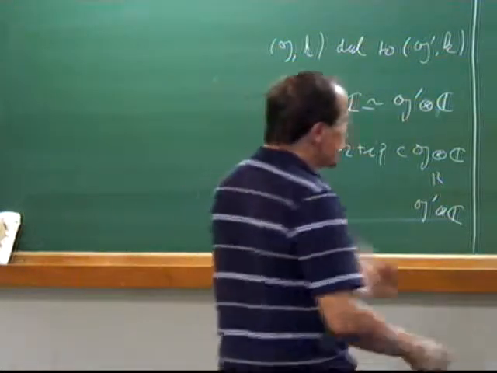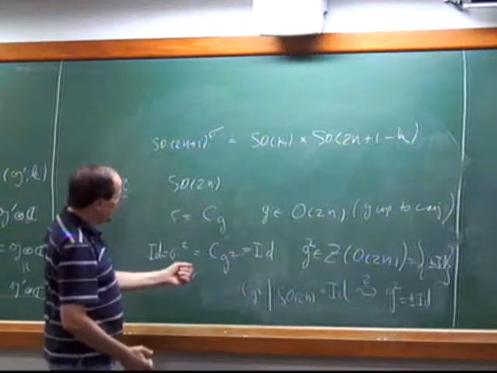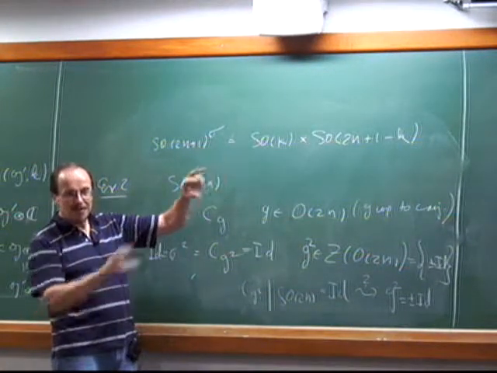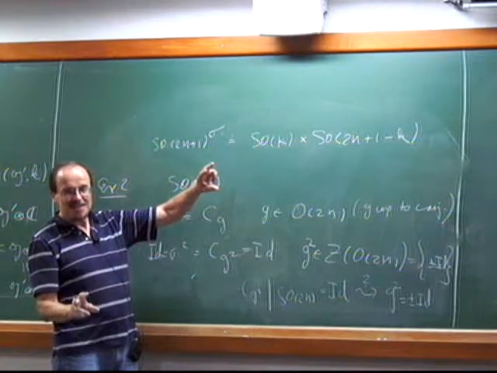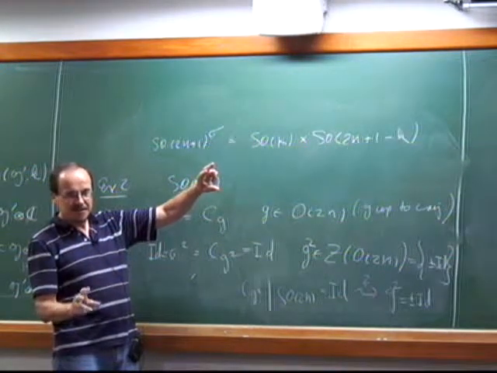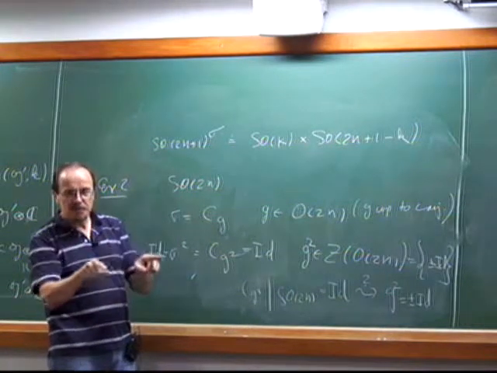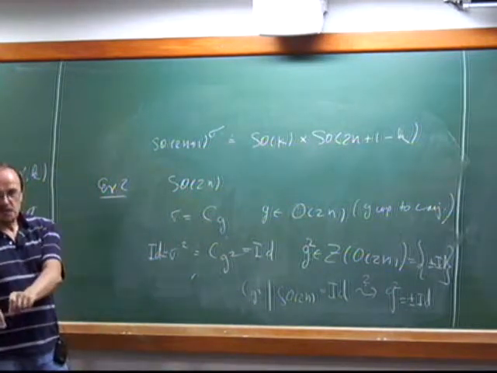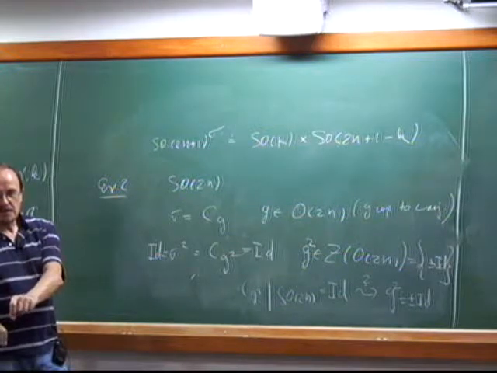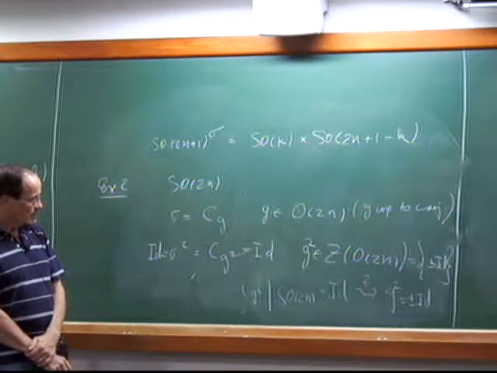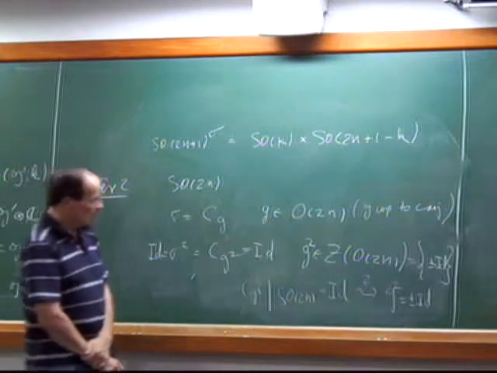But of course, nevertheless, every orthogonal matrix is conjugate to something that has a normal form, which actually does lie in the maximal torus, except there might be a -1 at the end. So it's 2 by 2 blocks, 2 by 2 blocks, and the last one could be a plus or -1. So every matrix is conjugate to something like that. So that's probably how we should argue, right?